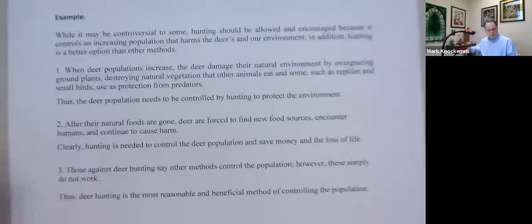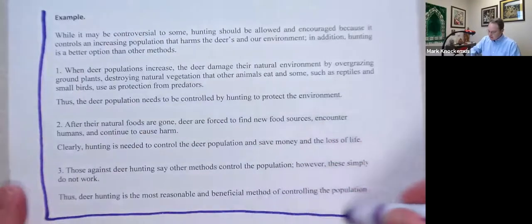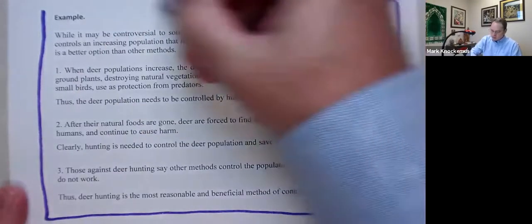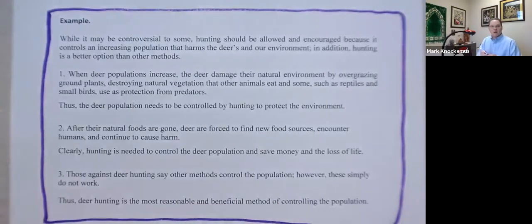Then, here we have an example. As before with all the different assignments, I'm writing along with y'all and showing you examples to help model and so you can just kind of follow along. So here's my thesis statement, and what can we see inside of it?